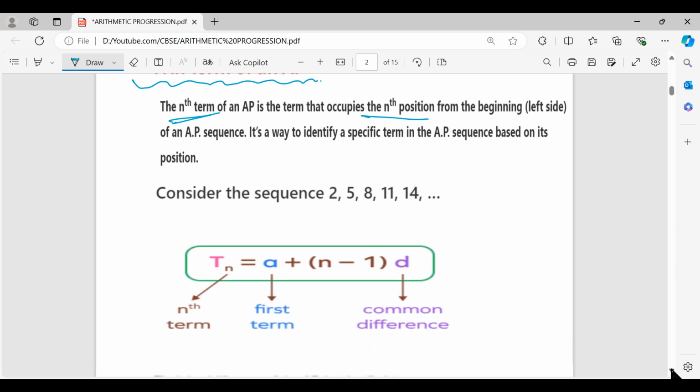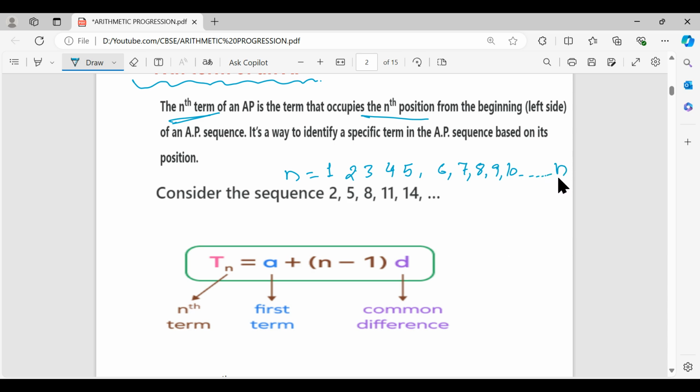Okay, now let's see this sequence 2, 5, 8, 11, 14. Now let me mark here n, the position of the sequence. So this is 1, this is 2, this is 3, this is 4, this is 5. And we keep on going, 6 is not there, 7, 8, 9, 10 not there, and we reach the position n.